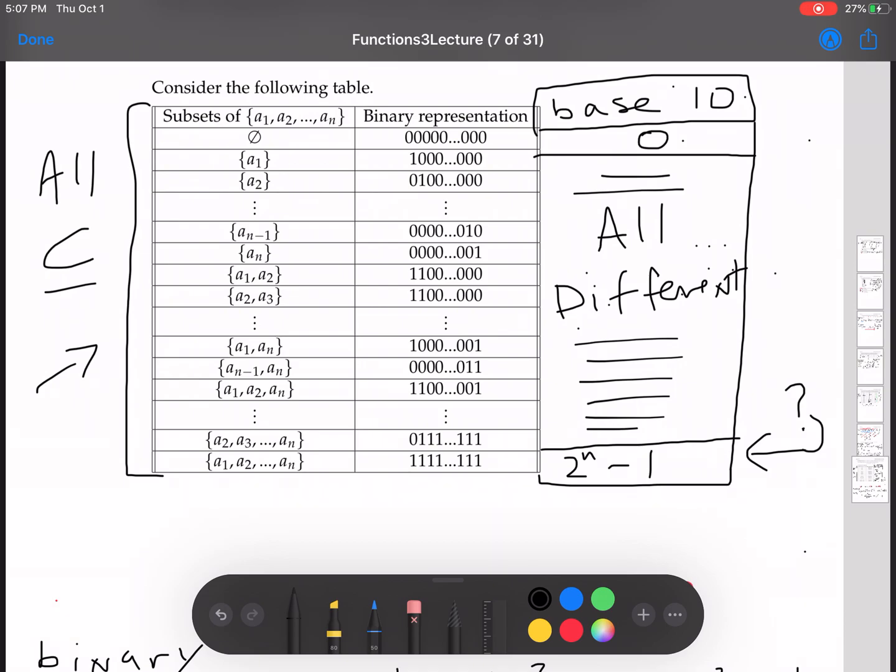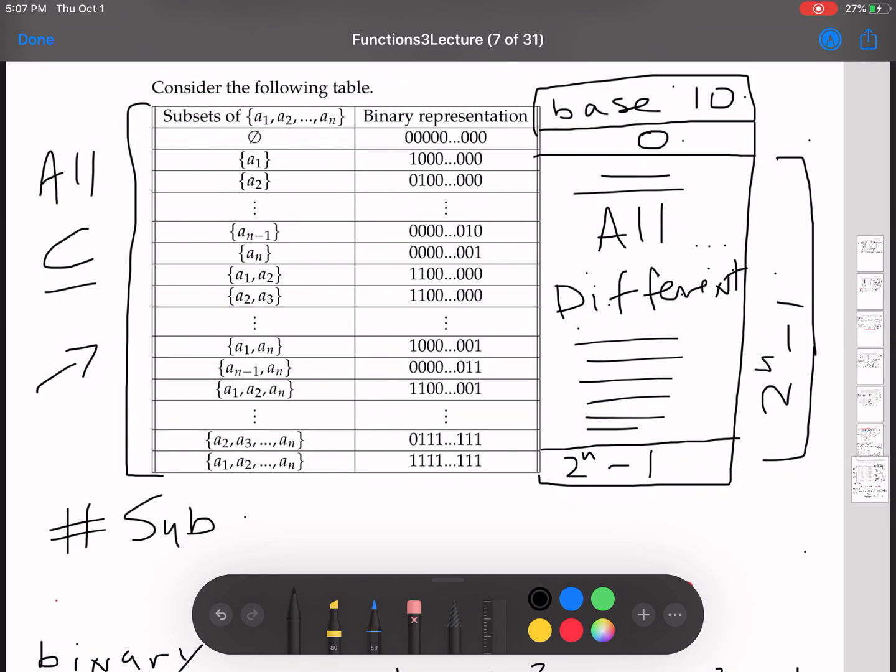So let's see, how many numbers are there here? There's 2 to the n minus 1 numbers from 1 to 2 to the n minus 1. And so how many subsets are there? Then the number of subsets is 2 to the n minus 1 plus 1, or 2 to the n. And that's it.